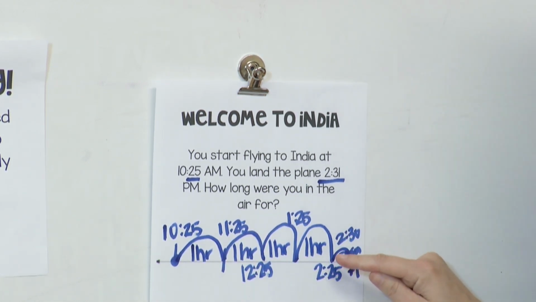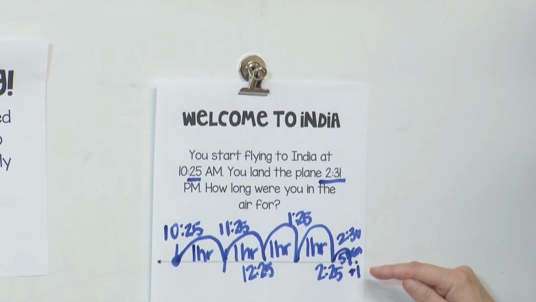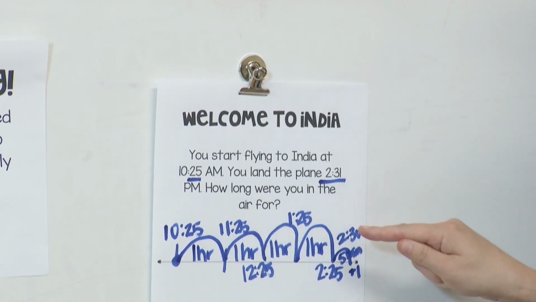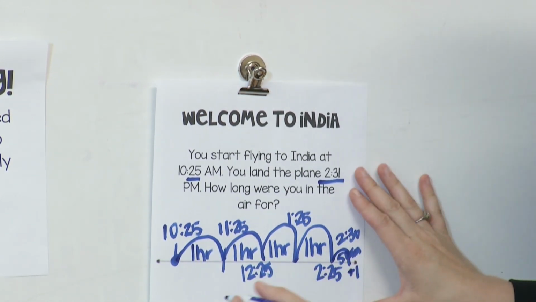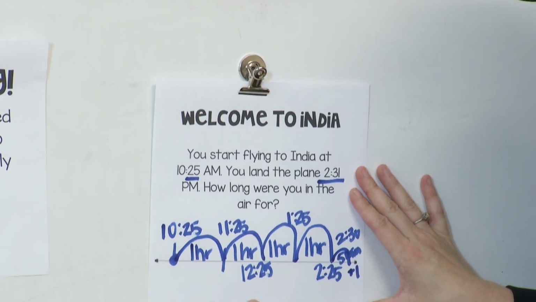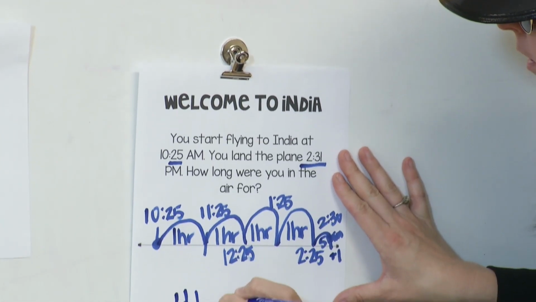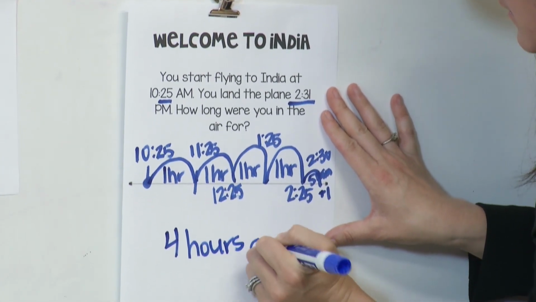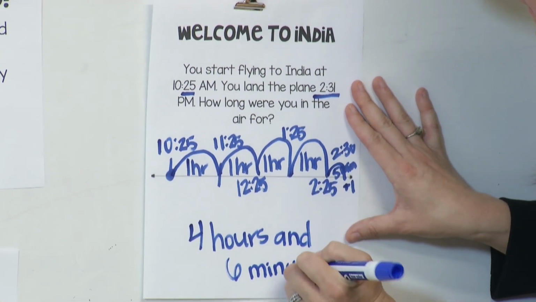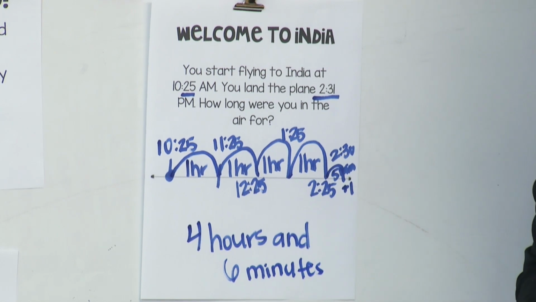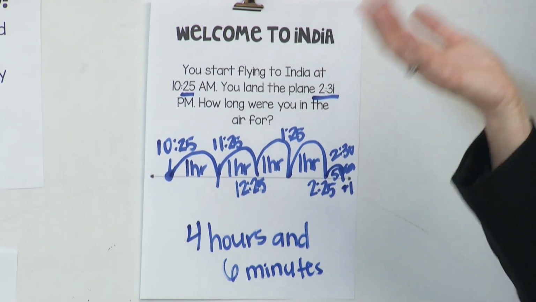And then 4 hours plus 5 plus 1 more minute gives me 4 hours and 6 minutes. So how long were we in the air? 4 hours and 6 minutes. Look at that. Do you see how easy that was?